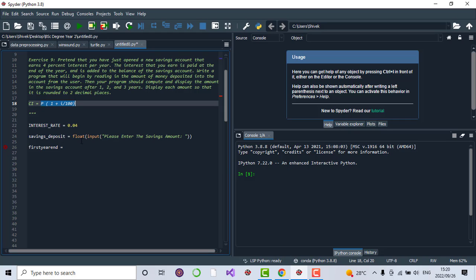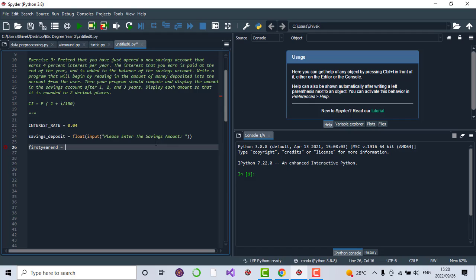This is important, so let's think. Guys, we opened an account at the beginning of this year and we put X amount of savings. That X amount was the first amount that actually kick-started that account, and in our program, it's going to be given by the user in this variable.